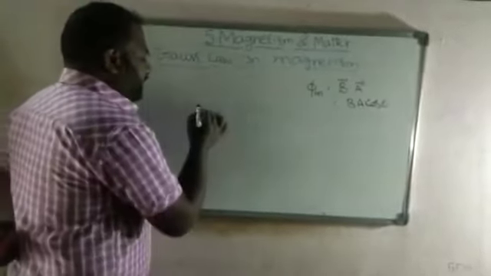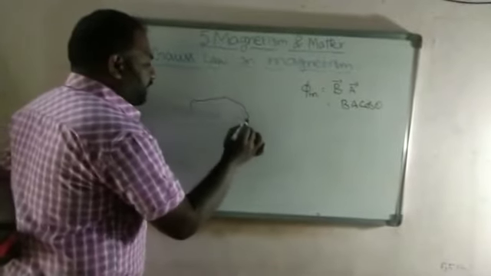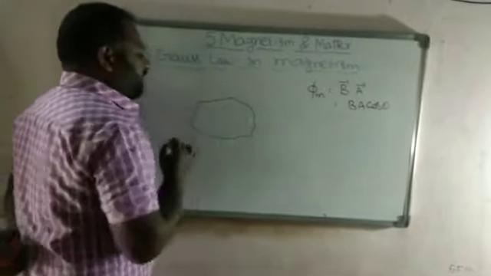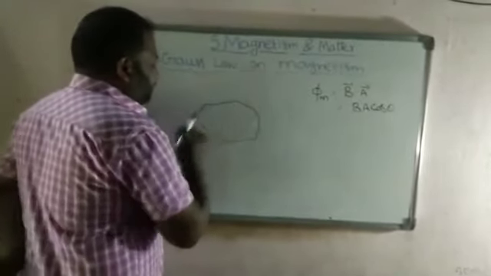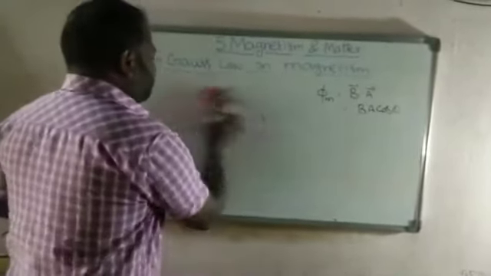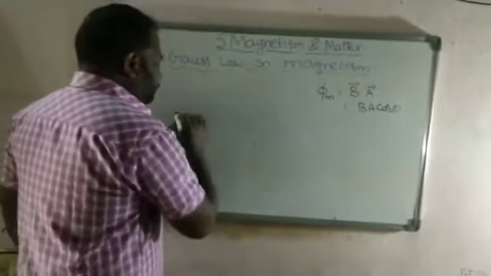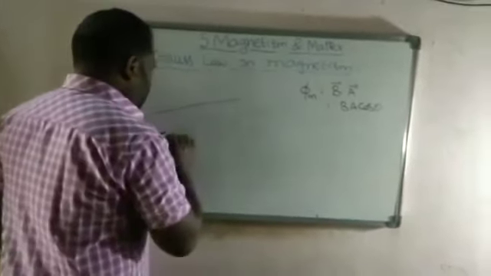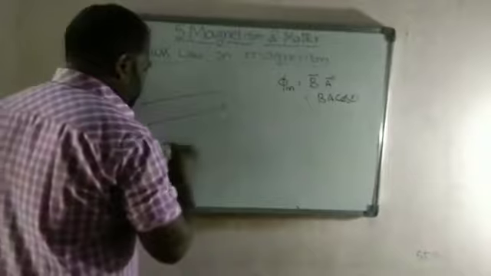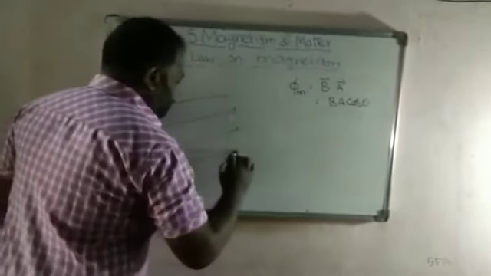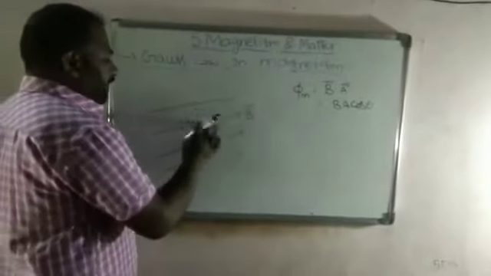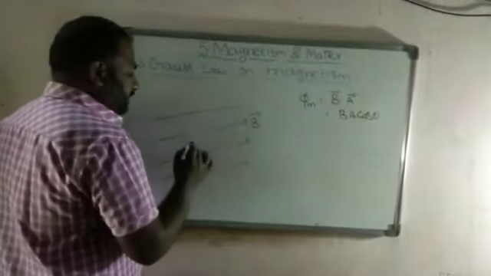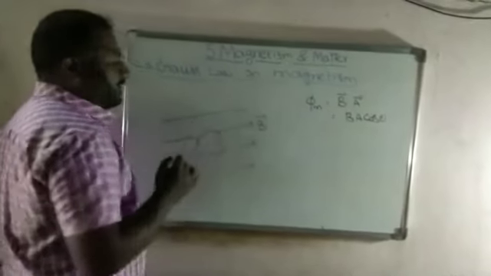See how to define Gauss law. Here I consider a particular, arbitrary area, and this is the magnetic field B bar. In this magnetic field I place a Gaussian area.